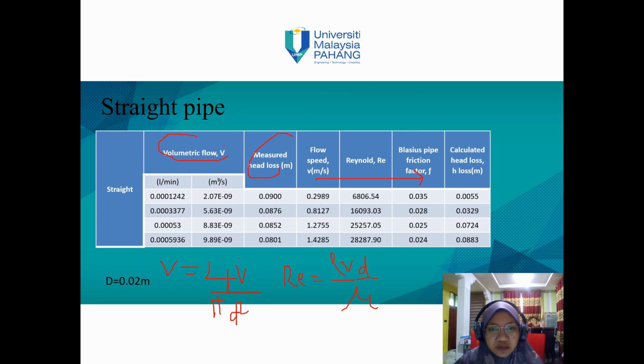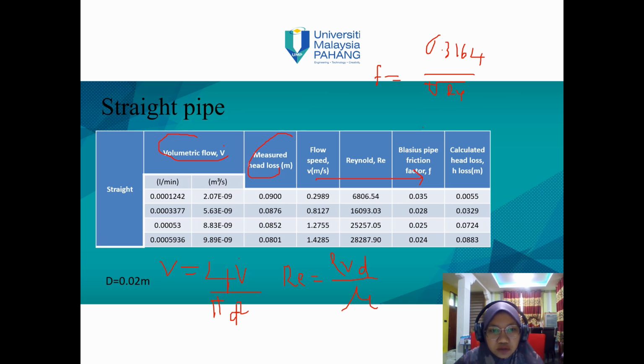And then we have the Blasius pipe friction, which is F equal to 0.3164 over the fourth root of the Reynolds number.